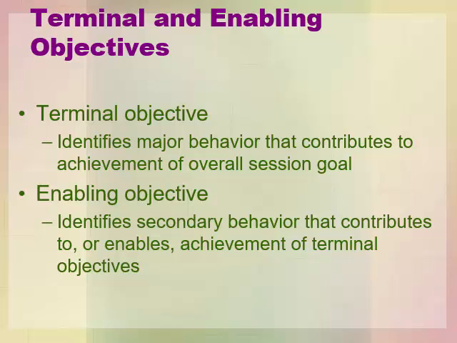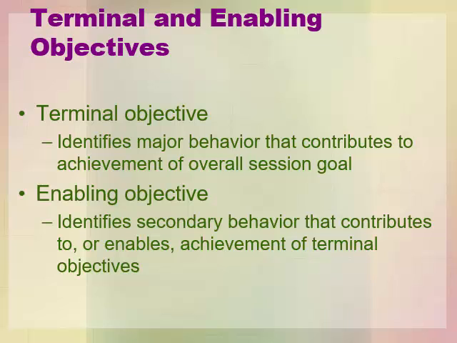A terminal objective is a very broad goal. It's going to identify major behaviors that contribute to achievement of an overall session goal. They're very broad, they're encompassing, and they're going to contain under a broad umbrella all of the steps and interventions that would be needed for the patient to be able to achieve their outcome goal.